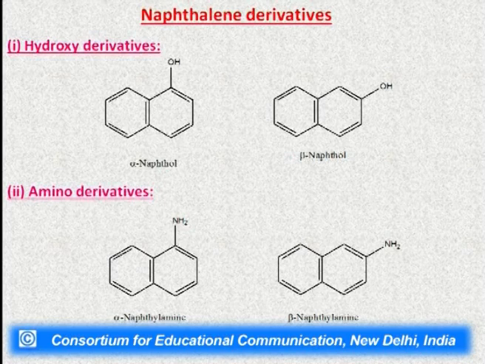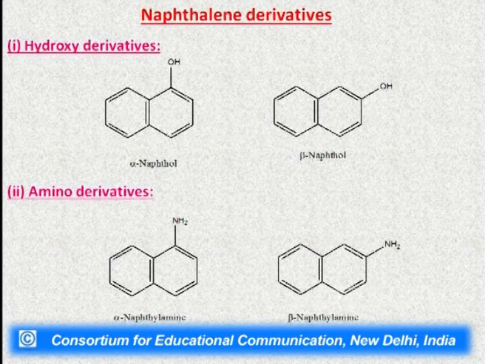So starting with today's lecture, naphthalene derivatives. In naphthalene derivatives, the first derivative is hydroxy derivative, in which we have a hydroxyl group on the alpha position, which is called alpha naphthol, and the other is beta naphthol, in which the hydroxy group substitutes at the beta position.